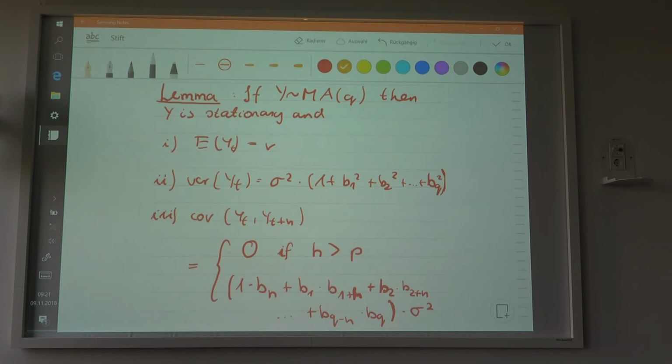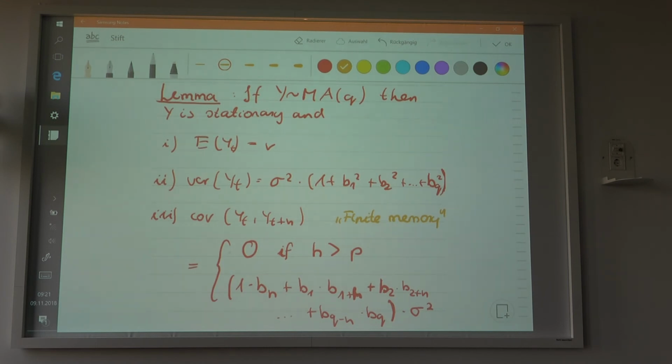So this is what I will add here: the interpretation of finite memory. No autocorrelation whatsoever if the time lag for the autocorrelation is larger than the order of the process.